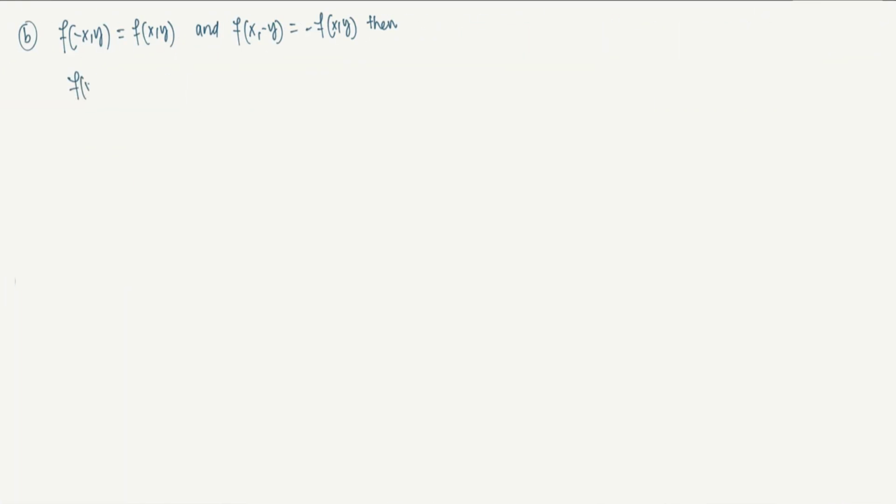So f of x,y can be written as 1 by pi square, summation m equals 1 to infinity, b of 0m sine my, plus summation m equals 1 to infinity, summation n equals 1 to infinity, b of mn cosine nx sine my.